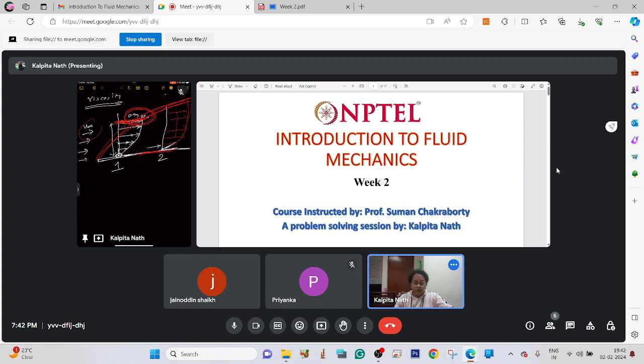Now tell me another thing. Let's suppose this is a fluid, and the solid surface is the same. If the viscosity increases, will the thickness of this boundary layer, the one I have represented in red, decrease or increase? Increase.